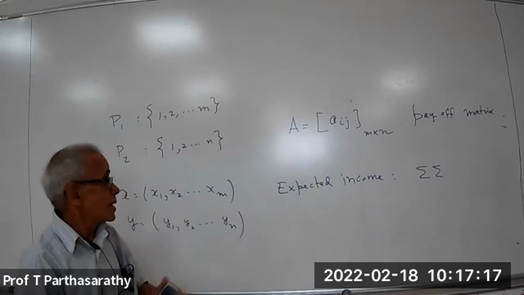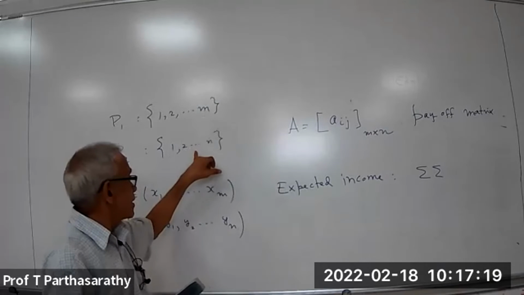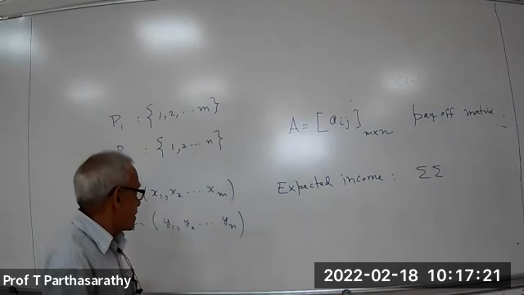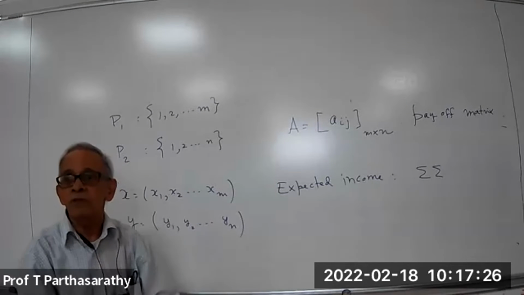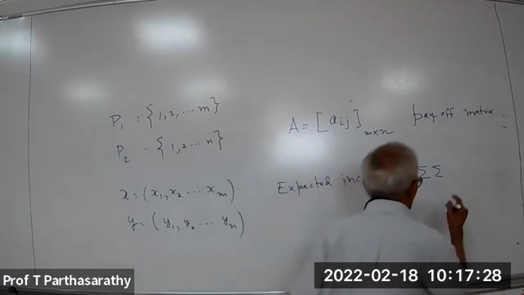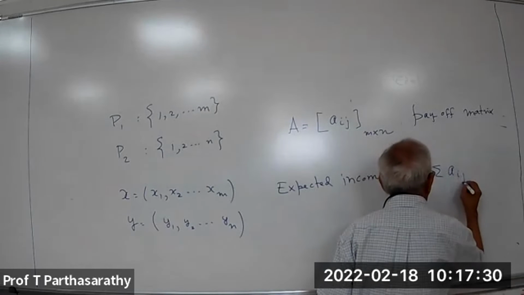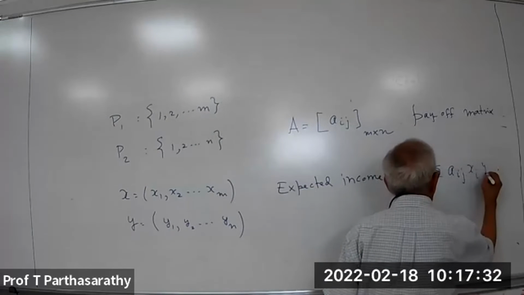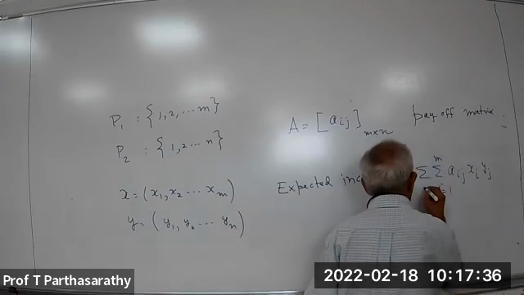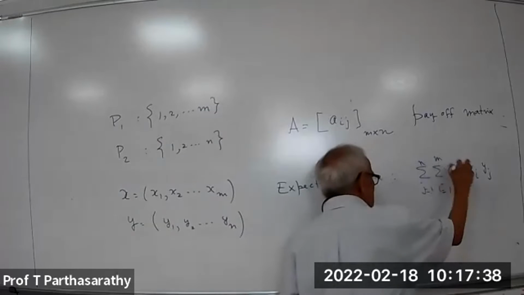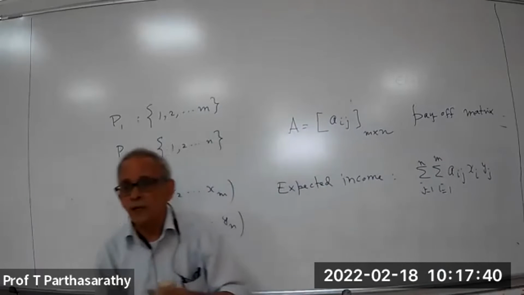That is, player 1 choosing i and player 2 choosing j with probability xi times yj. So you add up to get the expected value of the joint random variable: the sum of aij xi yj, i equal to 1 to m, j equal to 1 to n. So this is the expected income for player 1.